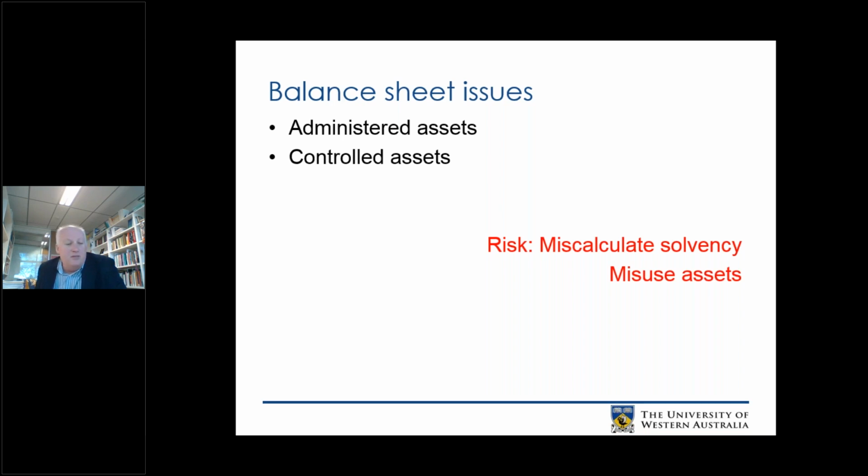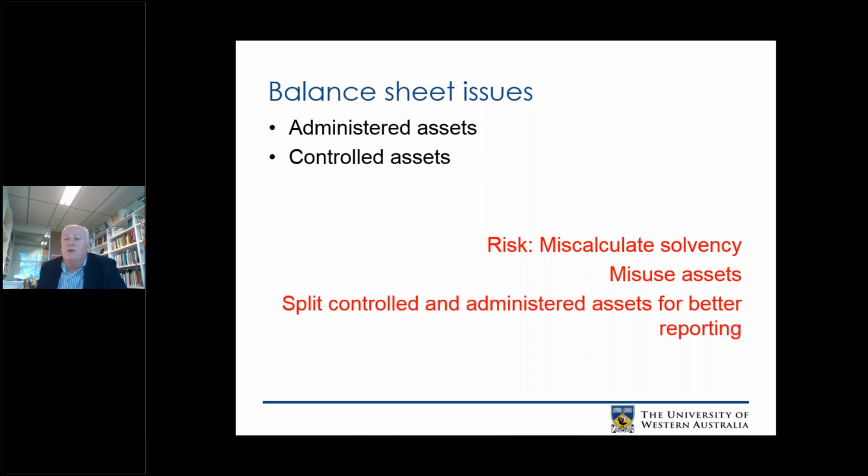So again, if the philanthropist says you can only use a motor vehicle for a particular thing and you apply that motor vehicle to other activities, then effectively you're misusing that asset and potentially breaking contractual arrangements that might be put in place. We're moving very quickly here, but there's a lot to go through. The mitigation is in your balance sheet, management balance sheet, actually split the controlled and administered assets for better reporting and better understanding.